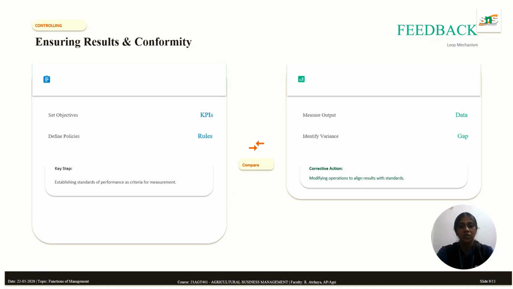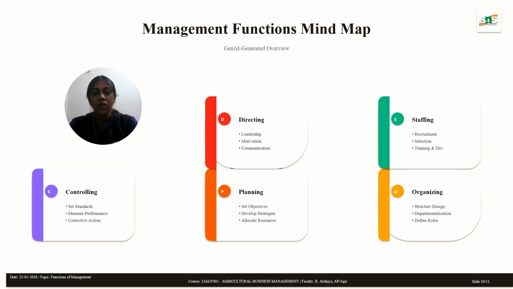The controlling process includes setting standards, establishing the expected levels of performance, measuring the actual performance, collecting the data and evaluating the outcomes, comparing the performance, identifying the deviations from standards, taking corrective actions, and making necessary improvements.